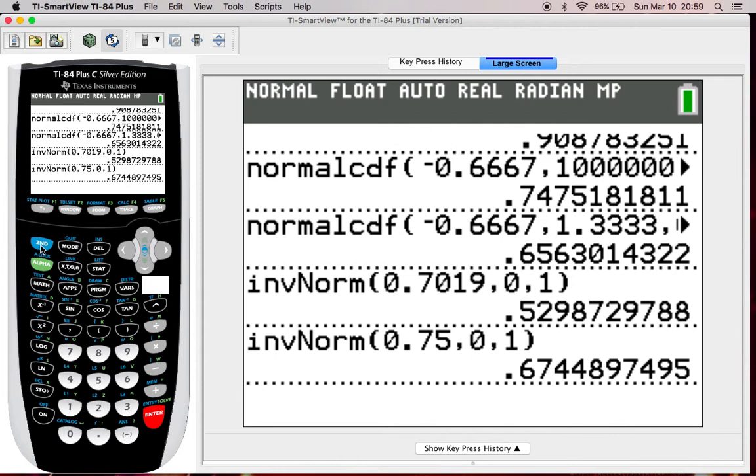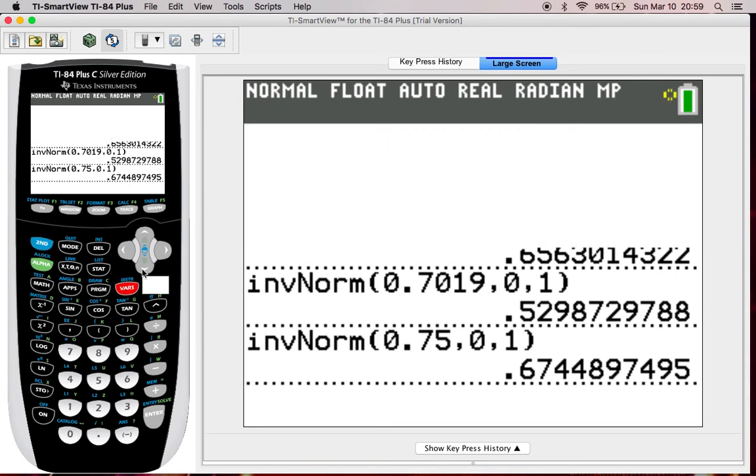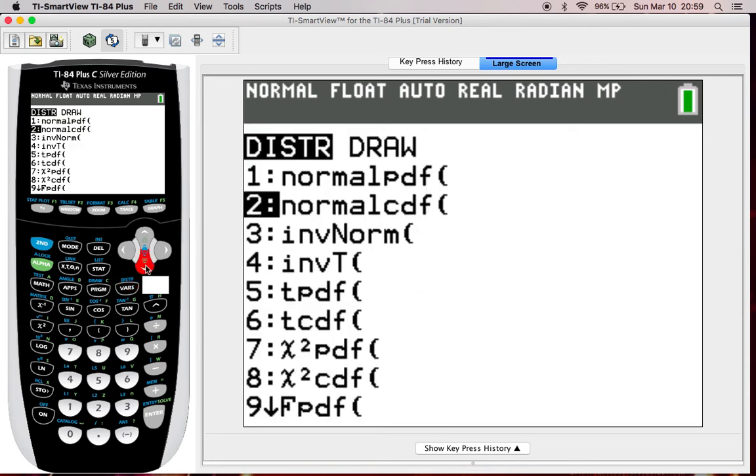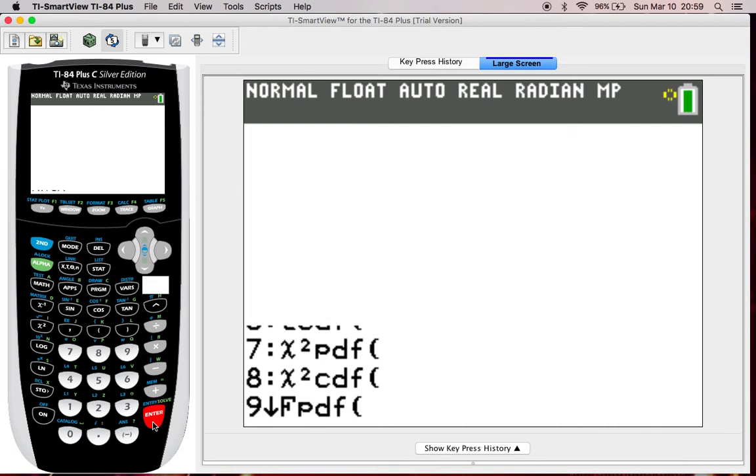Okay. Now the next one, we wanted to find the IQ score with an area to the right equal to 0.3214. So remember, we had to use the complement rule first because inverse norm wants the area to the left. So we're going to go into our distribution list. Number 3.